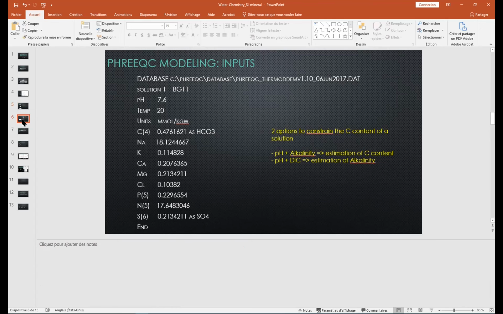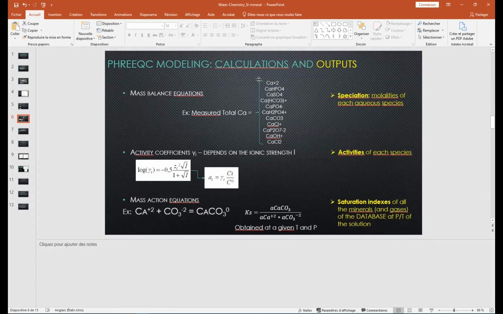Then PHREEQC will calculate the speciation of the species in your solution.